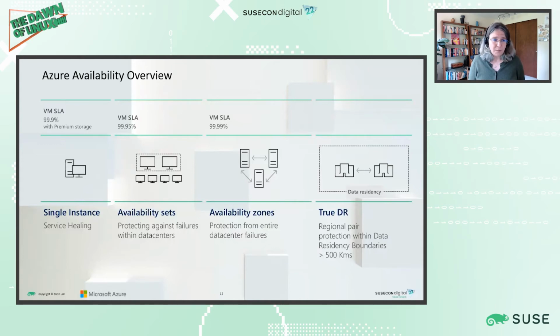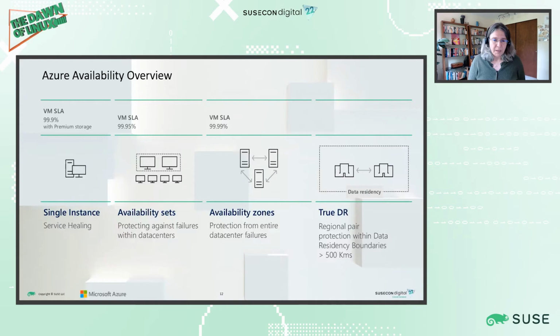While it is not something which happens frequently, as a matter of fact, it's almost unheard of and happens very rarely, but for super critical SAP workloads, customers are more and more interested in deploying across availability zones. So this is one of the most popular constructs that we currently see with customers and partners. Again, when you deploy across availability zones, you're going to see a VM SLA of 99.99.